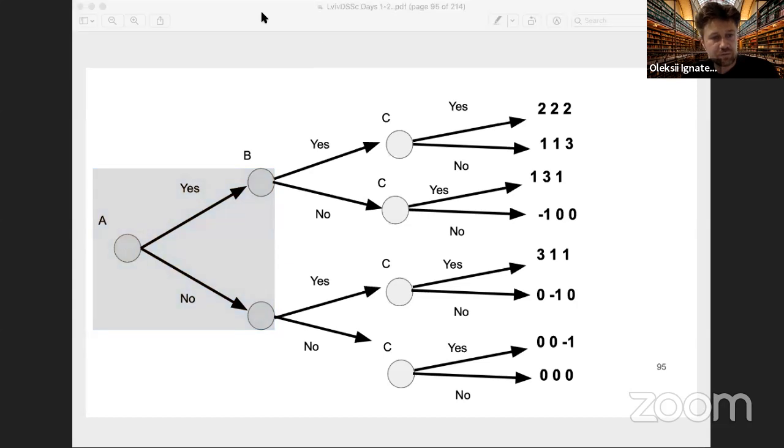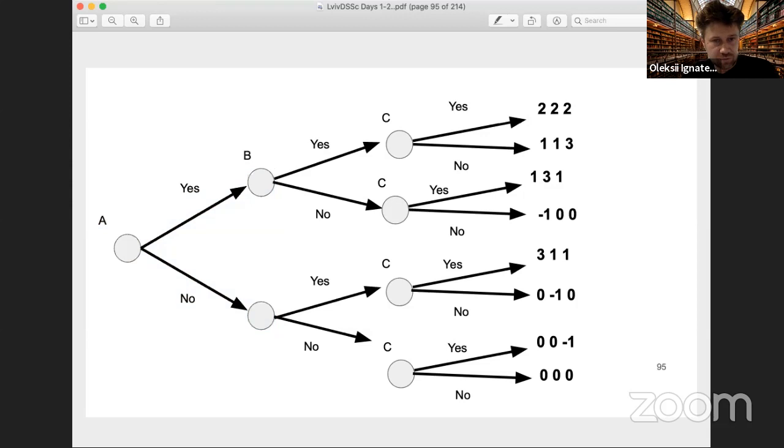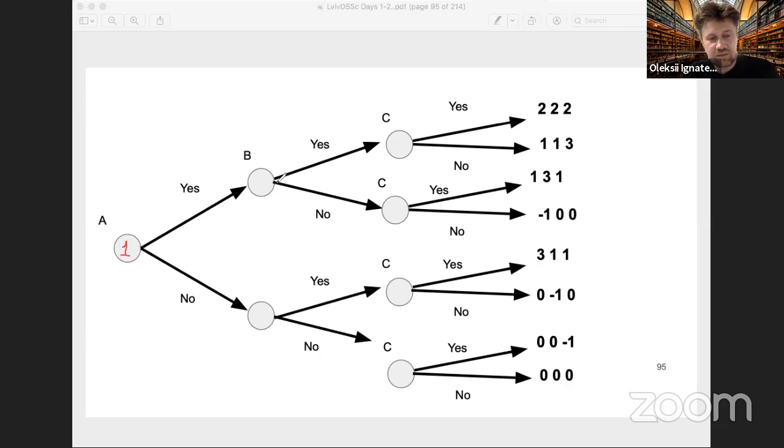So the first decision node is for A. B has two decision nodes, 2,1 and 2,2. And C actually has 4 decision nodes: 3,1, 3,2, 3,3, and 3,4.